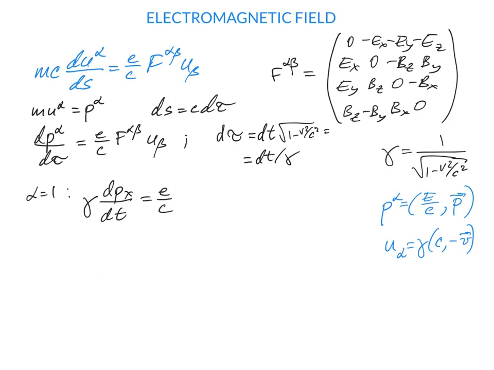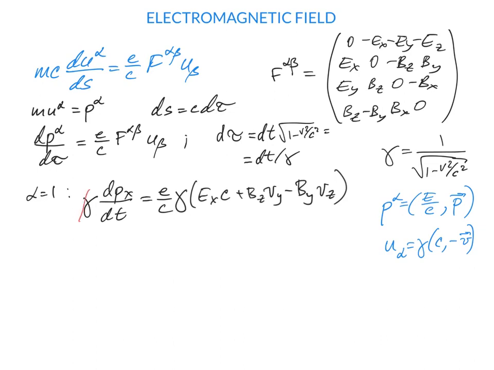Now E over c, and we need to multiply the row of the F matrix corresponding to alpha equal 1, that's the second row, by the column vector u. u has a common factor gamma that we can take outside, and then in the bracket we have Ex c plus Bz vy minus By vz.